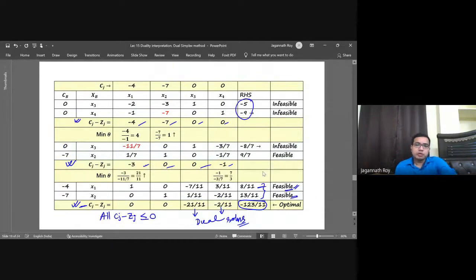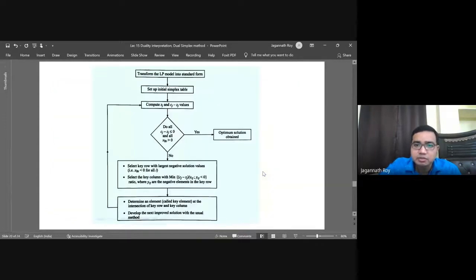So these two are important and interesting observations from these two topics. This is the working scheme of the dual simplex method.